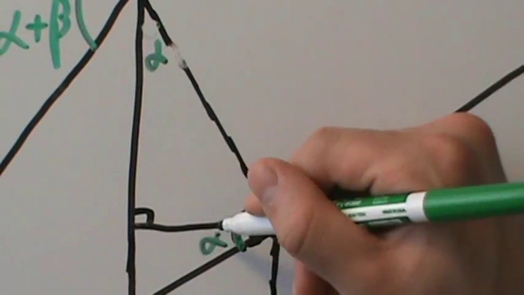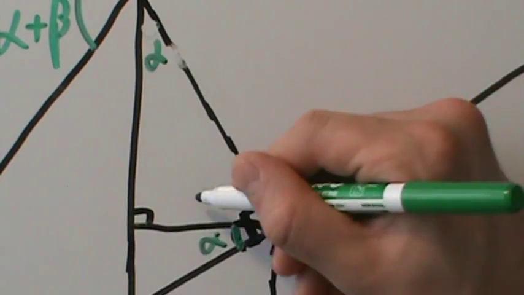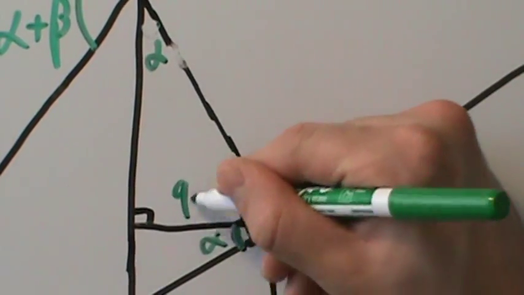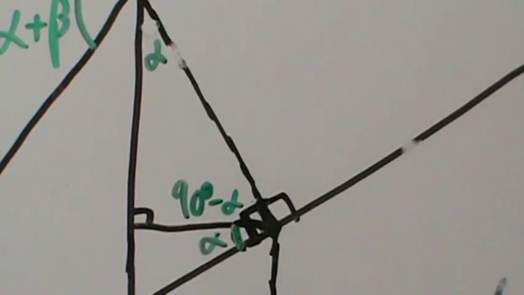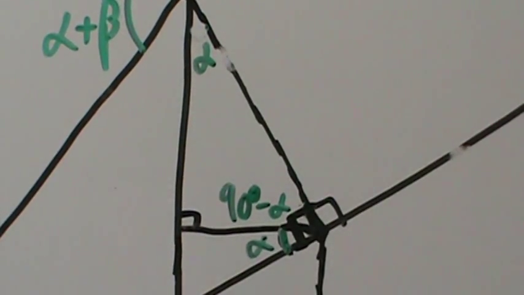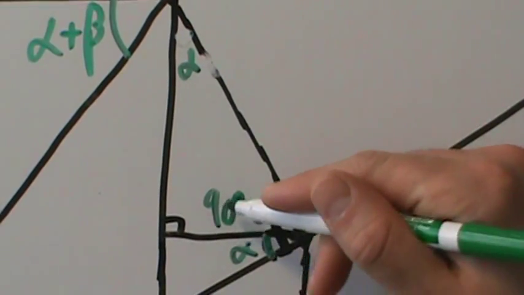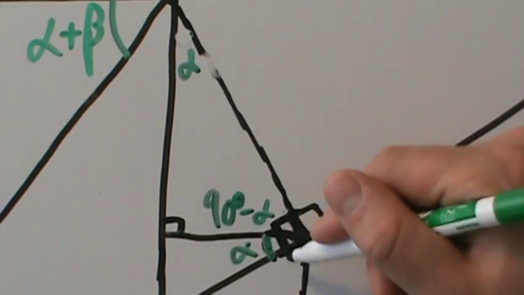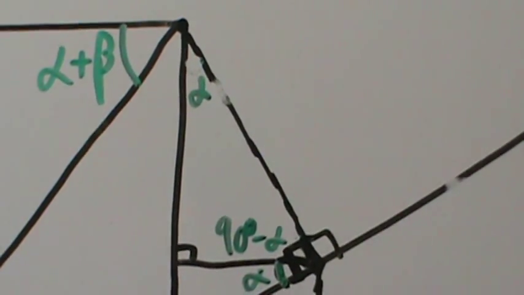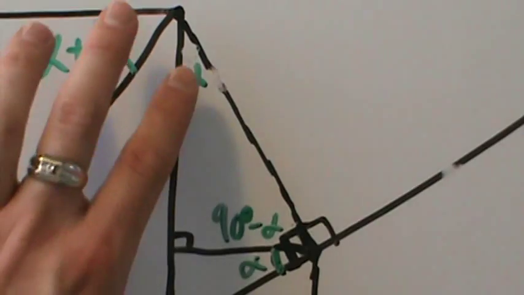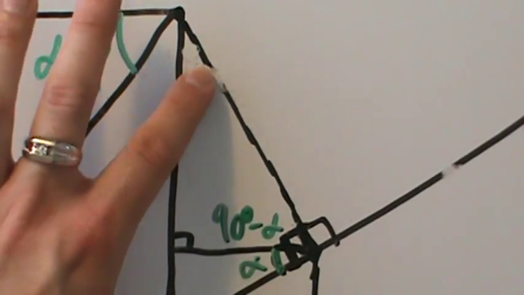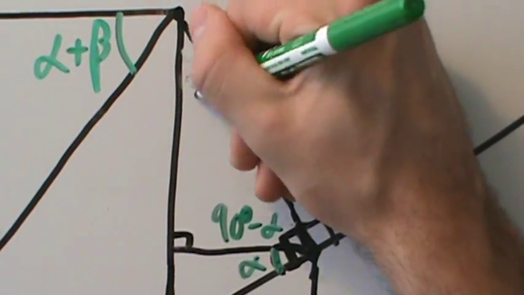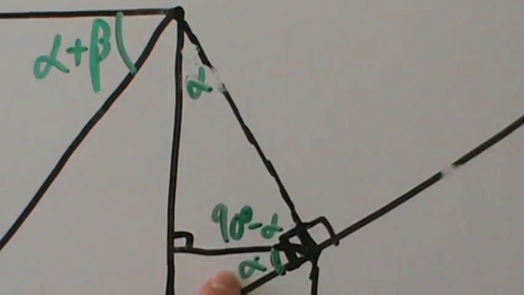We know this part is alpha. Then what's left is 90 degrees minus alpha. Okay. So alpha plus 90 degrees minus alpha equals 90 degrees. So that's one way to check it. So since this is 90 degrees minus alpha, then that automatically means that this must also be alpha right here. Okay, so that's why we can just automatically say, since this is alpha, this also has to be alpha.